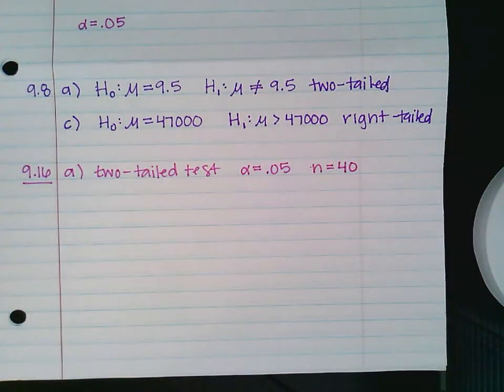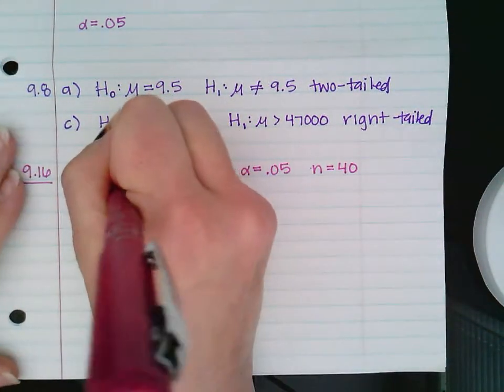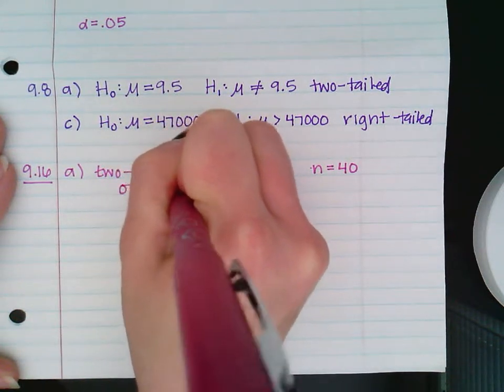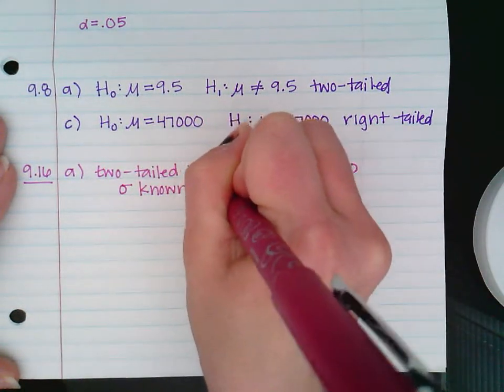Under this assumption, I'm not really going to worry right now about the sample size, because I know that sigma is known for these problems. And so I can actually just use the z distribution.